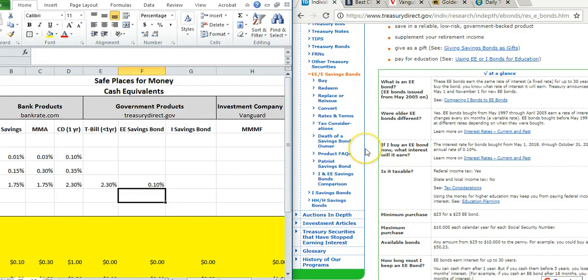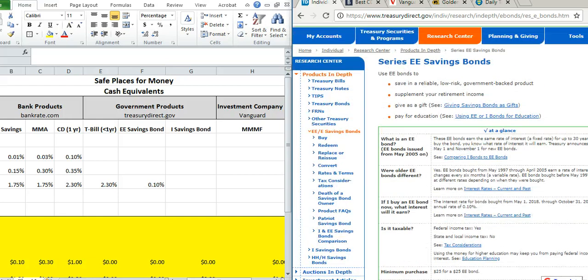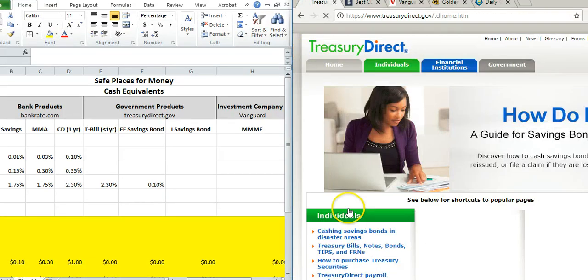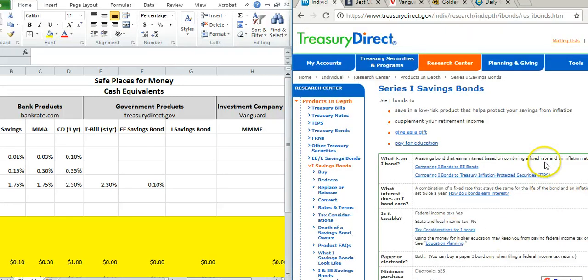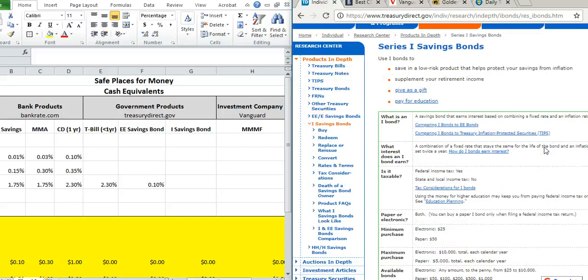Okay, and then the last one that we want to talk about that's a government product is the inflation adjusted savings bond. So again, that's here, the I savings bond. I asked you a question how it differs from the Series EE savings bond. And when you go in here and click on the I savings bond, it says comparing I bonds to EE bonds. So I want you to do some research yourself.